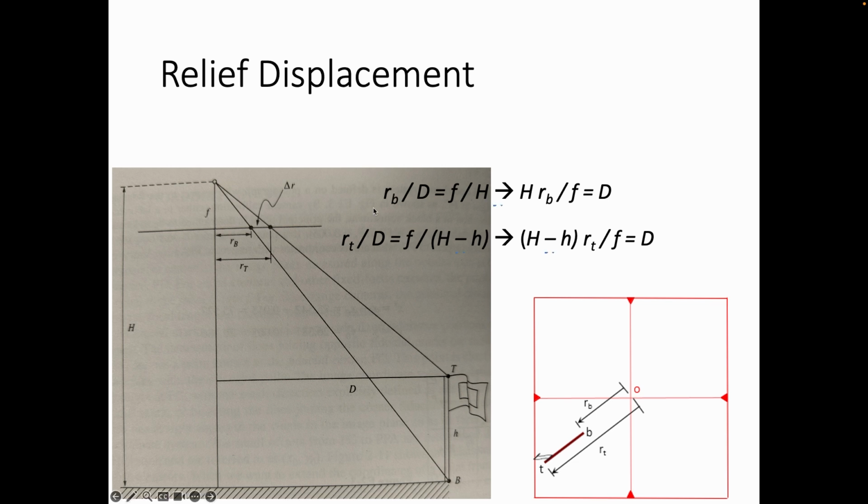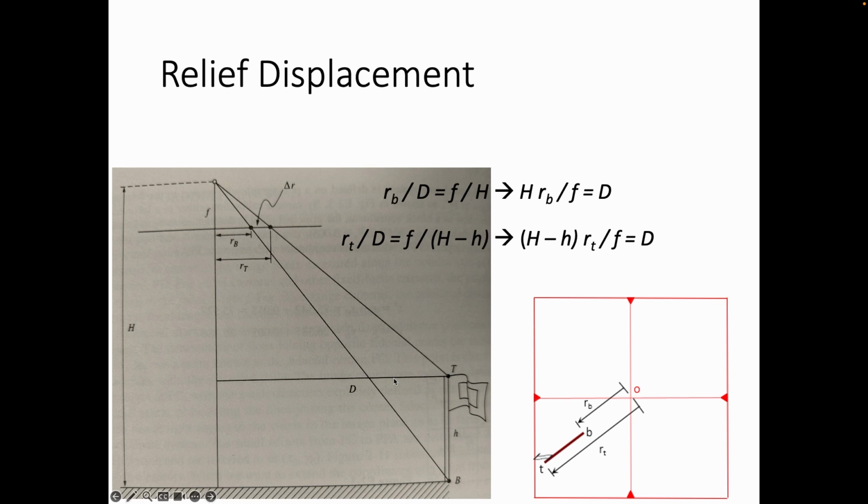So we can take the ratio of this distance here. This is the distance in the image from the origin of the photo to the base of the object. Capital D is the distance in the real world from the perspective center of the camera to the base of the object. Well, just the distance to the object.